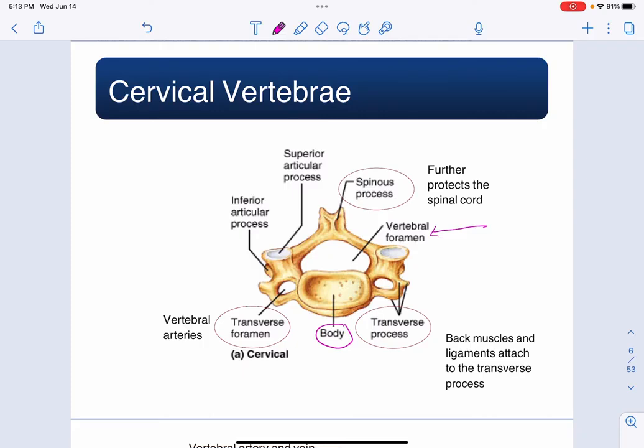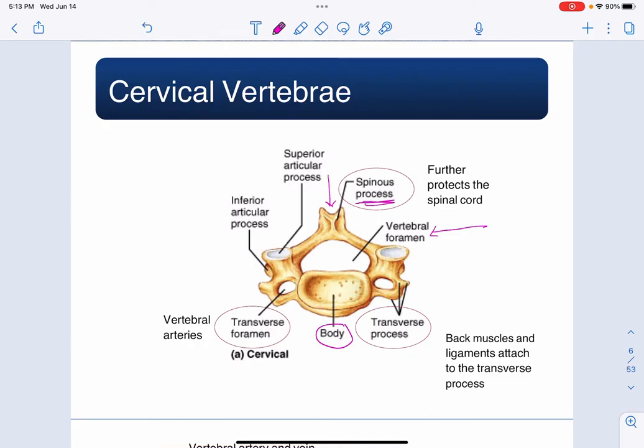Some of them have what is called a bifid tip on the spinous process. So that's what you're seeing right here. A bifid tip means that it splits like a V. It's not present in all cervical vertebrae, and I'm going to point this out. I have a really nice image of them all stacked on top of each other so you can see them all together. But some of them have this bifid tip.